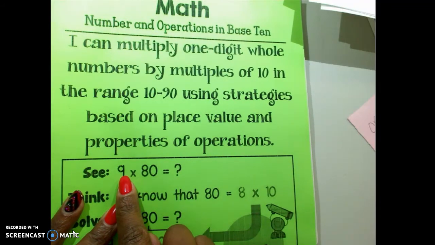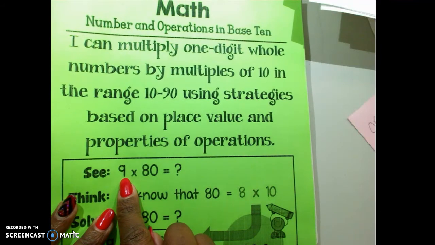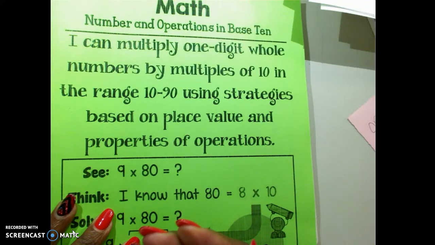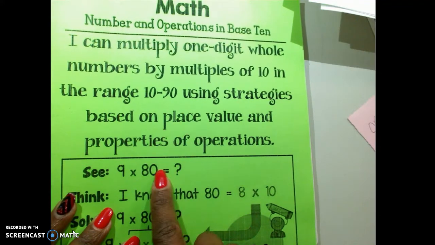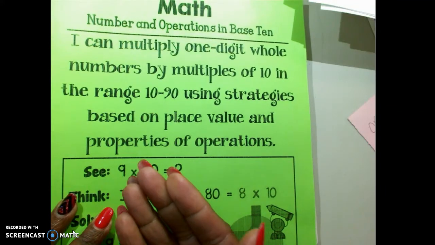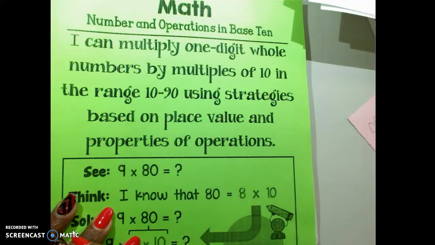So we're going to look at this one right here, 9 times 80. Old school would have said you just do the multiplication, 9 times 8, and then you add the 0 on the end. However, using the box method, it looks a little bit different.